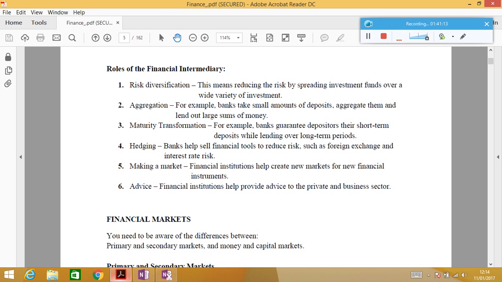Advice. Financial institutions help provide advice to the private and business sector. So that's normal. But is that free? No, very expensive. But normally the number 1 and number 4 companies will do it by themselves.